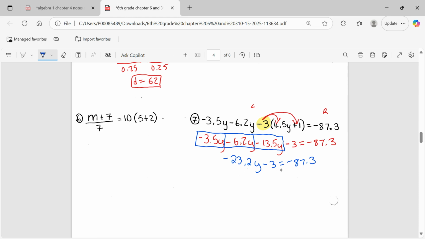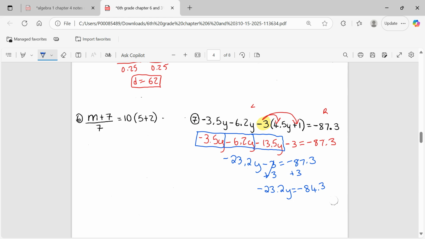Now it should look like a two-step equation, even though there's a lot going on. I'm going to add 3 to both sides. So that -23.2y is equal to -84.3. Because -87.3 plus 3, two different signs we subtract, is -84.3.